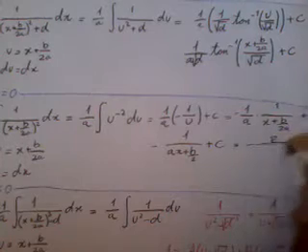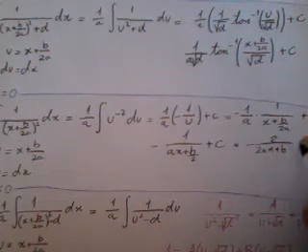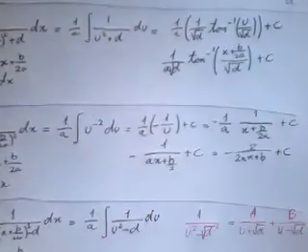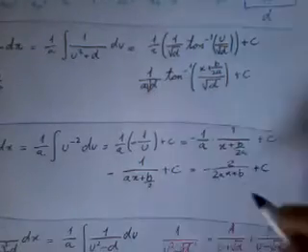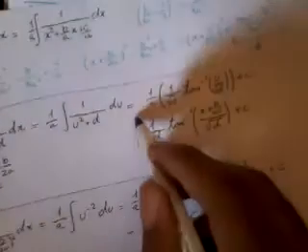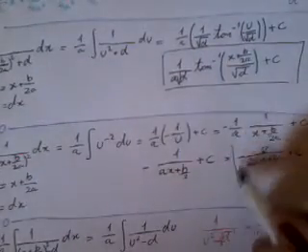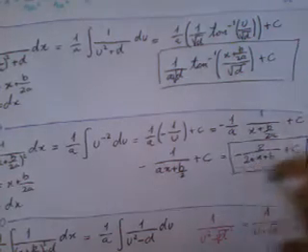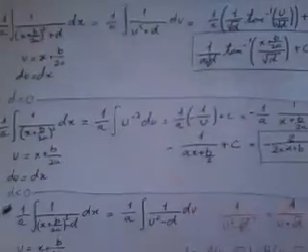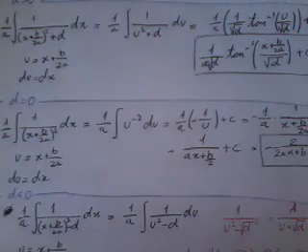Just 2 over 2a x plus b plus the constant, just to make it a little bit more bearable to see. So these are the three formulas that we are going to use during our mathematical journey until the integral of 1 over x to the 6th power minus 1.